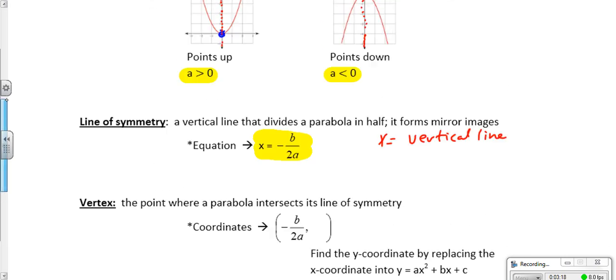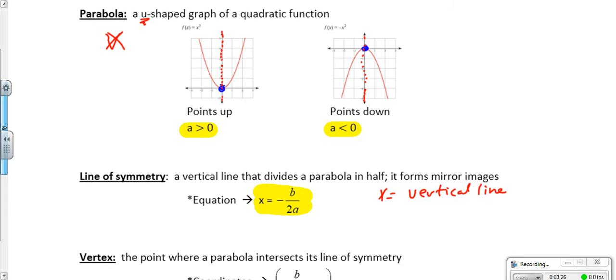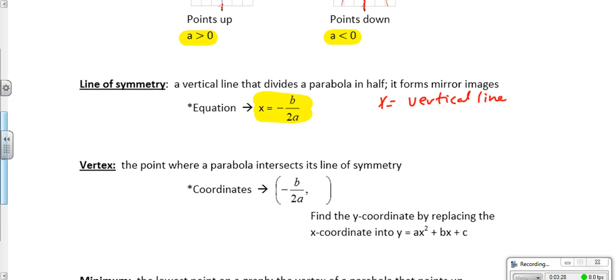Now, if you notice, our vertices are always going to be on the line of symmetry. So if we know what the line of symmetry is, then we're going to know the x part of the coordinate. That's why that's written twice.